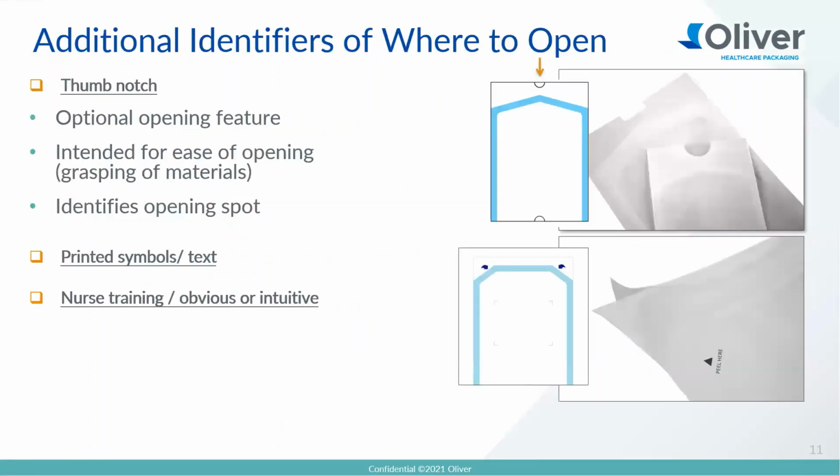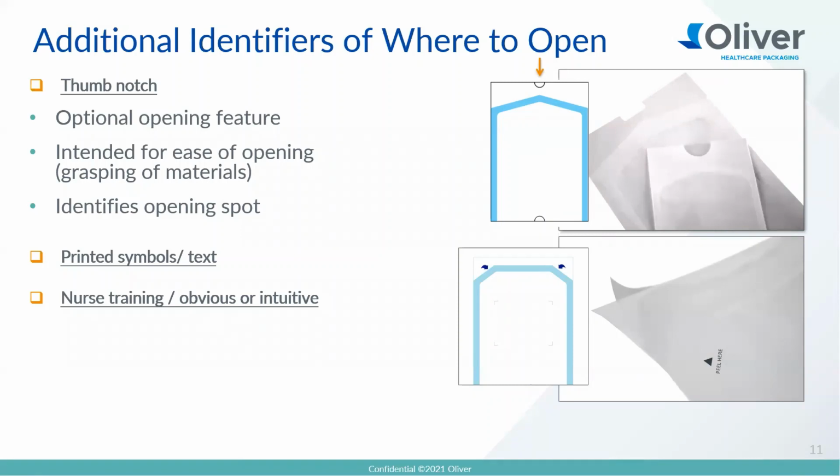Okay, so now that we've looked at typical design features, let's look at some additional identifiers of where you can open a primary package. We've one illustrated here, which is a double-ended thumb notch, and this has some real benefits for the end user who is really unsure about opening, as they can open from either end, even though we do always recommend that when opening a primary package, if there is a chevron on it, you open from the chevron end.